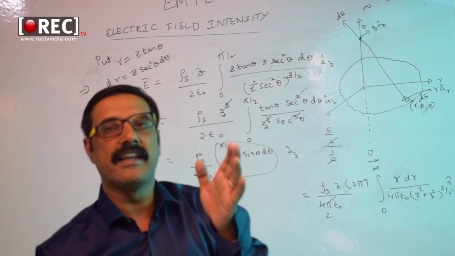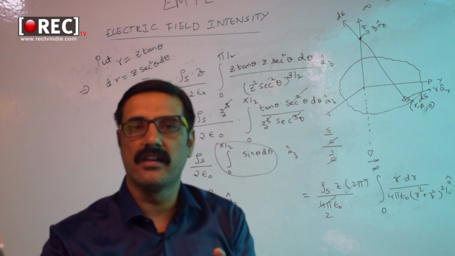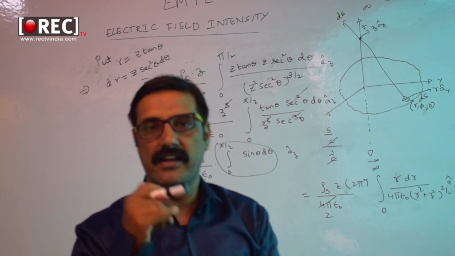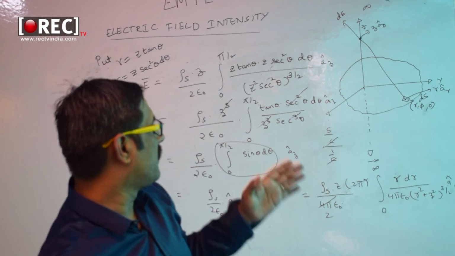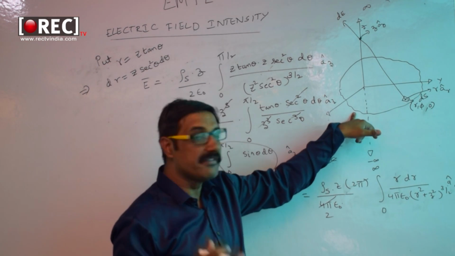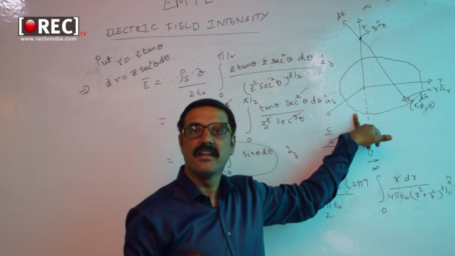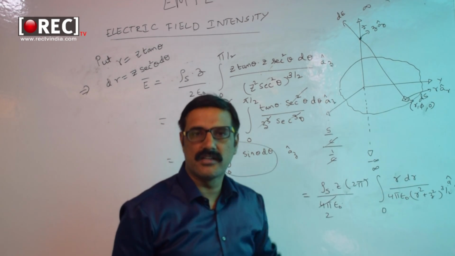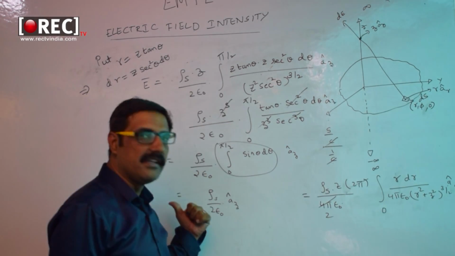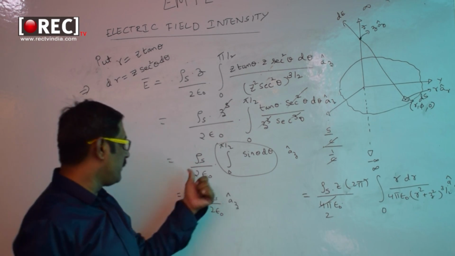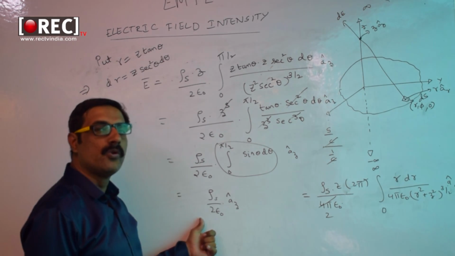So if it is in xy, E will be in z. If the sheet charge is in yz, the electric field will be in the x direction. Like that, whichever plane the sheet charge is in, you will get the electric field intensity in the perpendicular direction to that plane. And the magnitude of the electric field intensity is given by rho s by 2 epsilon naught.